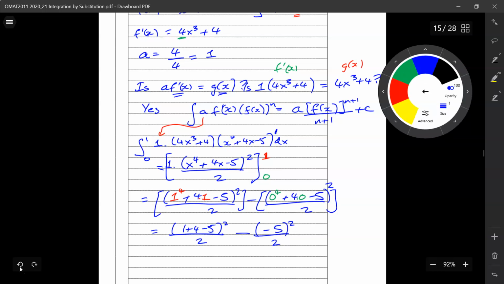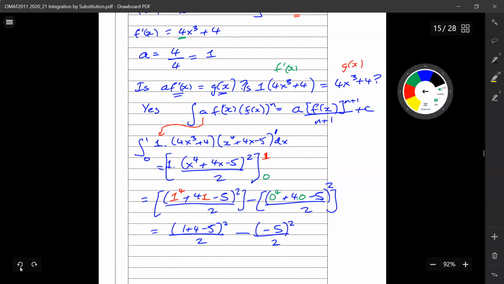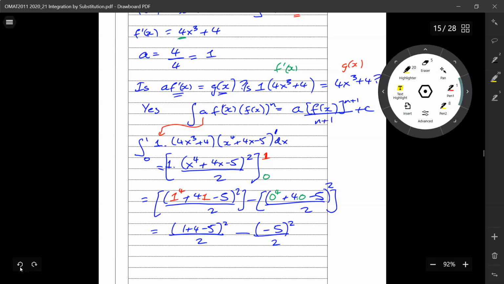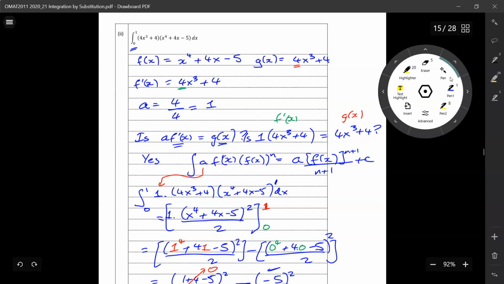Now if you look at this term here, 1 plus 4 is 5, minus 5 is 0, so all of that goes to 0. What we're left with is minus 5 squared, which is plus 25, but we have the minus outside, divided by 2, so that gives me a total of minus 12.5. So that is the definite integral for this function.